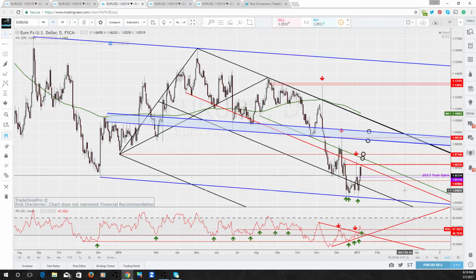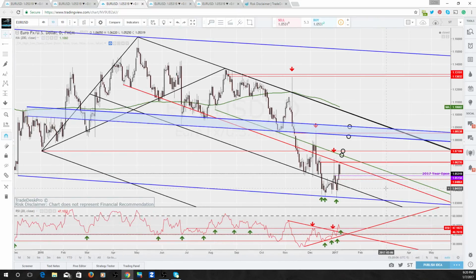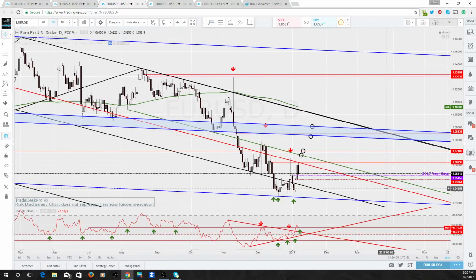So what am I thinking? First of all, I think price will test the yearly open again and then go up, or, and I will zoom in a little bit, or we have this daily reversal level here.